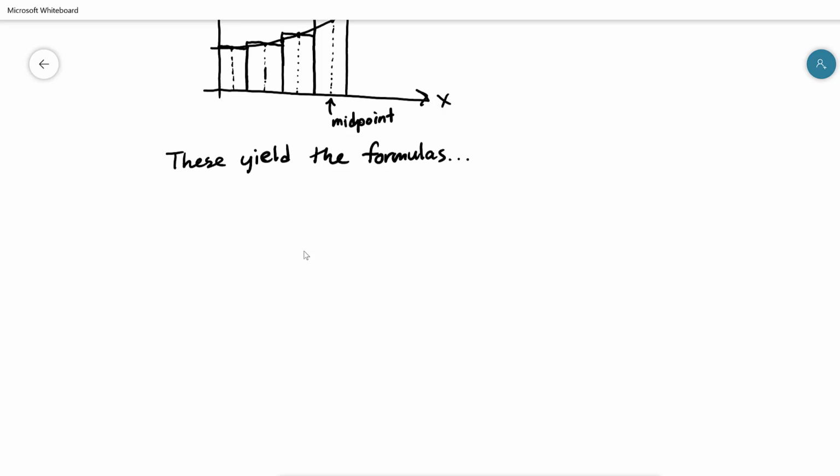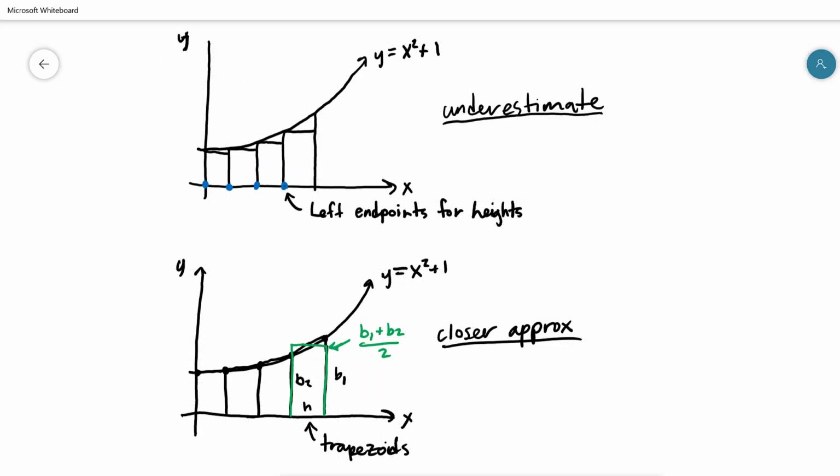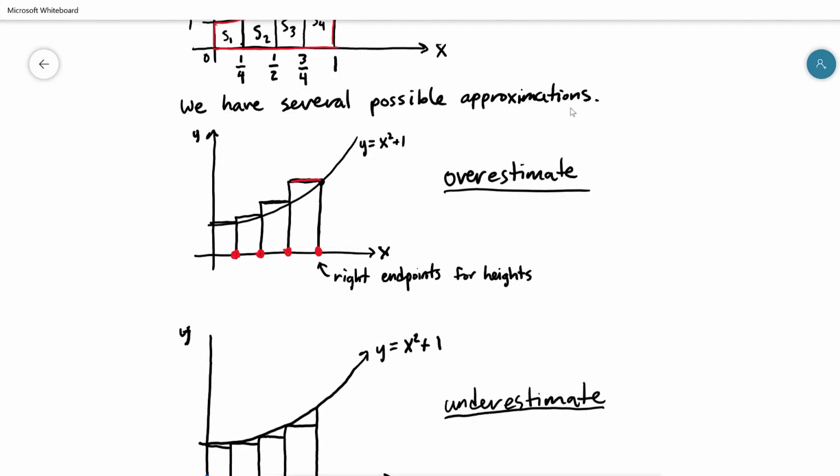So for that first one, if we're looking at the right endpoint example, I'll go back up and look at that real quickly. My area is approximately the area of 4 rectangles added together. So let's go take a look at those rectangles. My right endpoints. Okay, so here's that example in red.